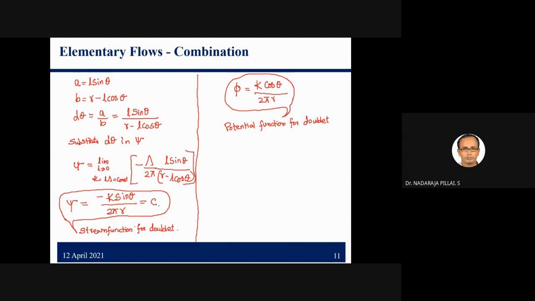So again, one can know that this is C. If I want to calculate R, R is the distance.